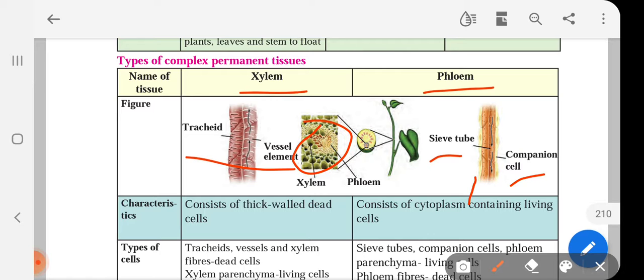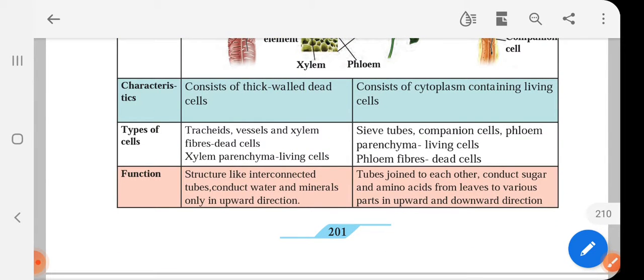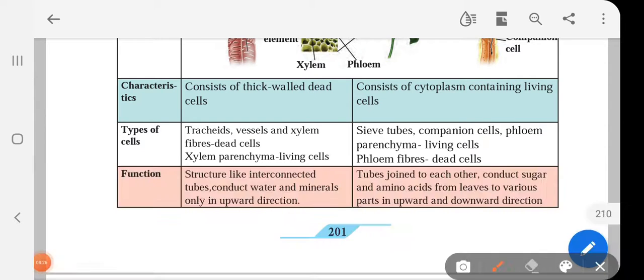The characteristic of xylem is that they consist of thick-walled dead cells. Phloem consists of cytoplasm-containing living cells. The types of cells in xylem: tracheids, vessels, fibers which are dead cells, and xylem parenchyma, the living cells. In phloem: sieve tubes, companion cells, phloem parenchyma which are living cells, and phloem fibers.